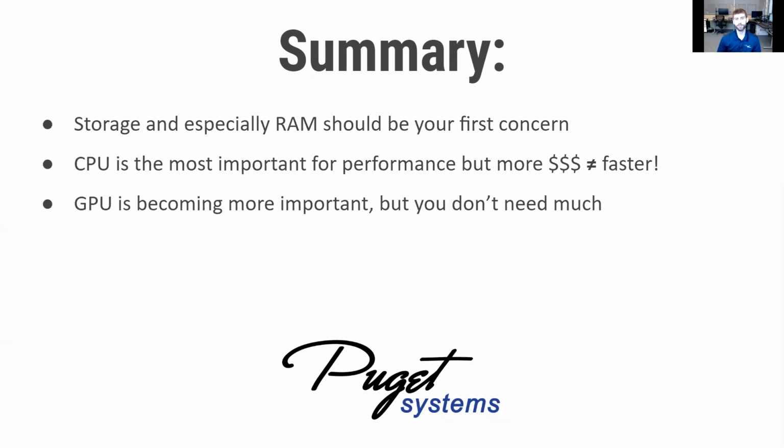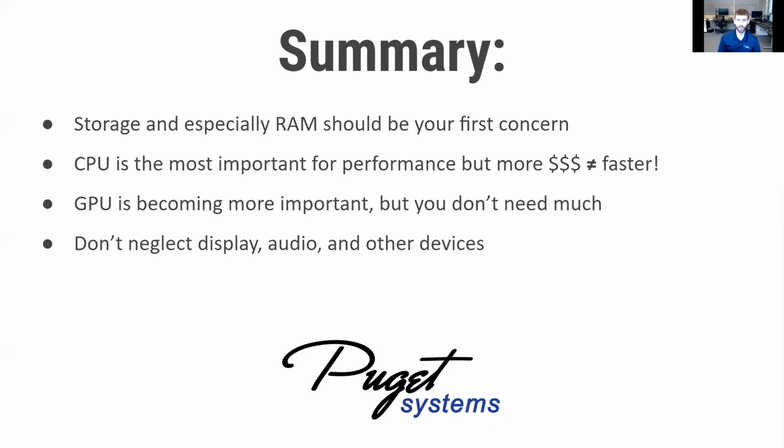GPU is becoming more important. You don't need much today. Again, a mid-range is great. This is one of the places that you might want to future-proof a little bit more because GPU acceleration is going to be picking up more and more steam as time goes on. So you might want to go a step up than what you really need just to get that future-proofing. But today, not as big of a deal.